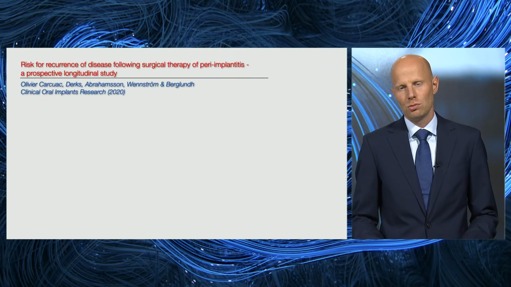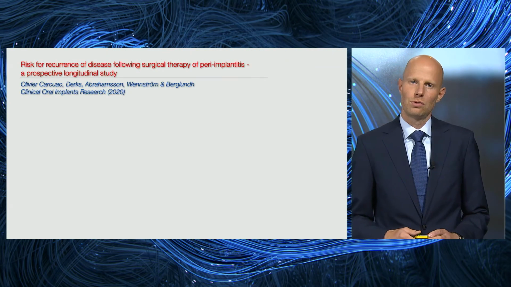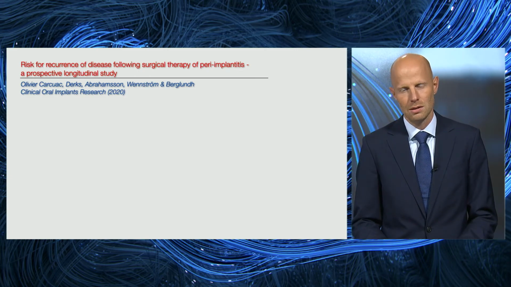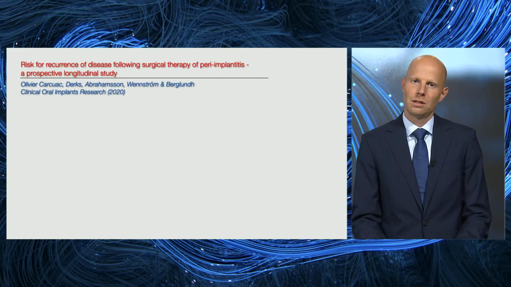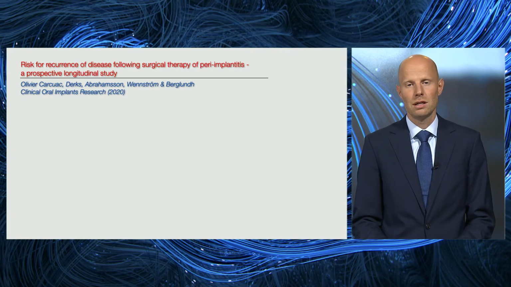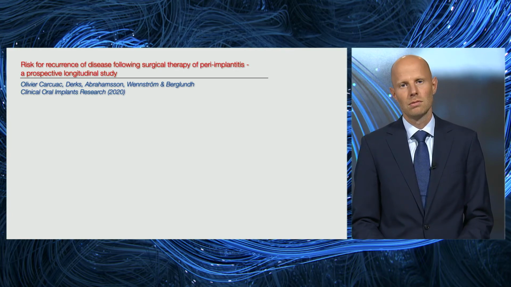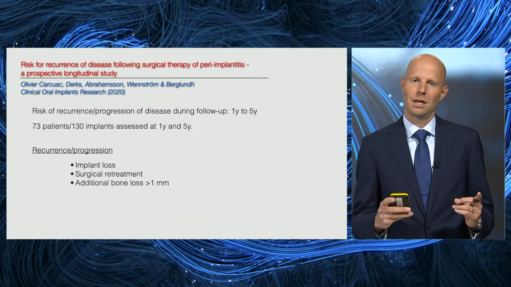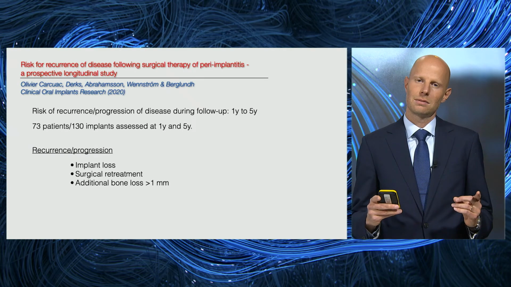I will move now towards the prognosis of this kind of treatment. You've already seen some data on a 3-year basis, but I will now present to you some brand new data that is actually addressing the question of risk for recurrence or disease progression following surgical therapy of peri-implantitis. And this is now on a 5-year database, on a 5-year axis.